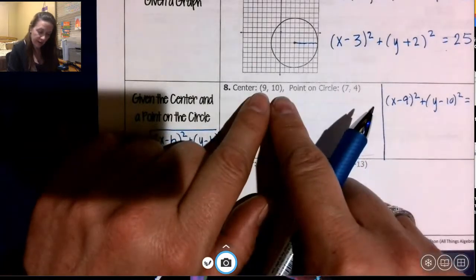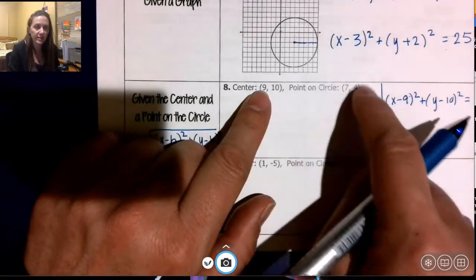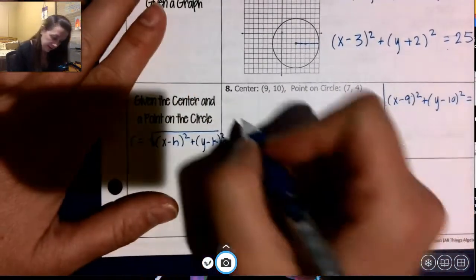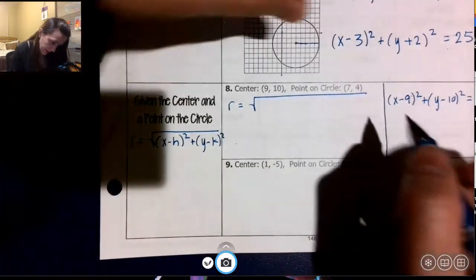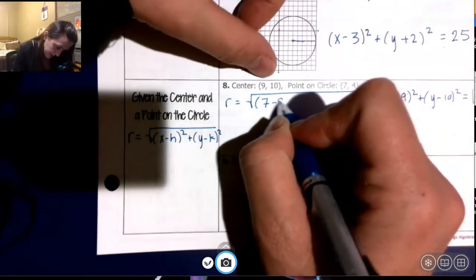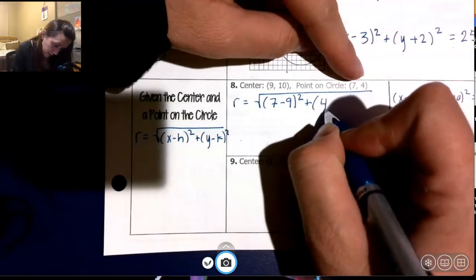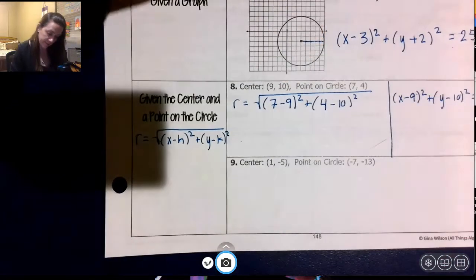I know this is my center, and this is a point on the circle, so I can use this point as my (x, y) to calculate the radius. The radius is going to be equal to the square root of x, which is 7, minus the center 9 squared, plus y, which is 4, minus the center 10 squared.